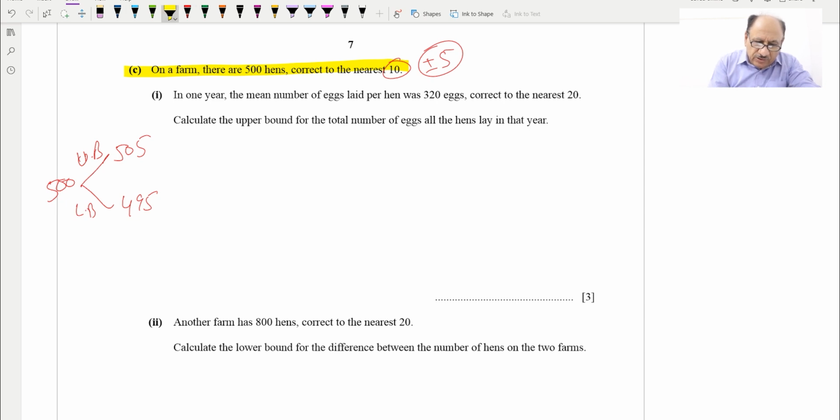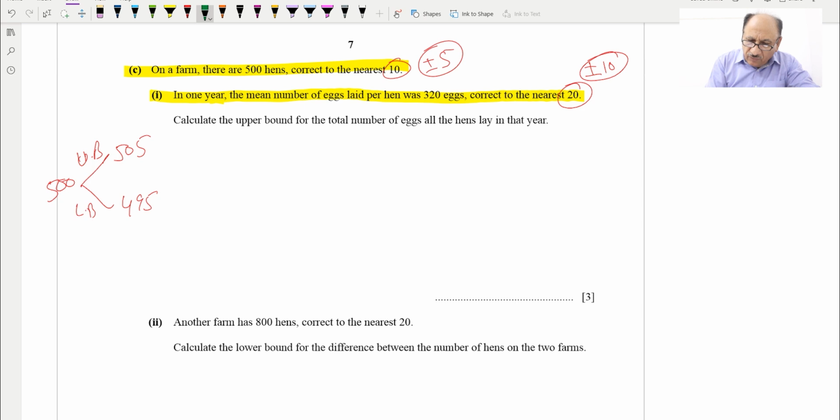Now next they are saying part 1, in 1 year the mean number of eggs laid per hen was 320 eggs, correct to the nearest 20. So nearest 20, half of 20 will be 10, so plus minus 10 we will be doing.